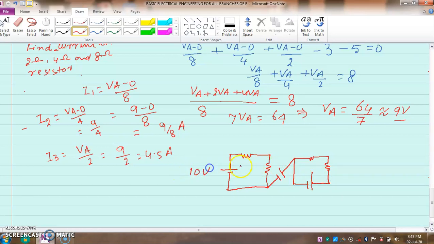Suppose it is 10 volt, it is 2 ohm, it is 3 ohm, it is 6 volt, and 20 volt.